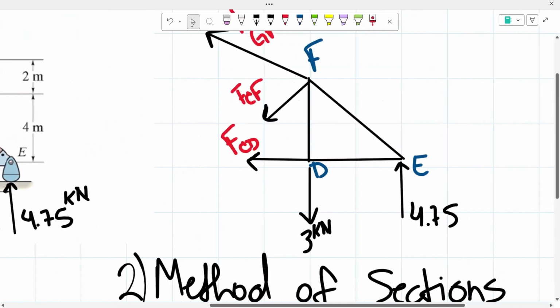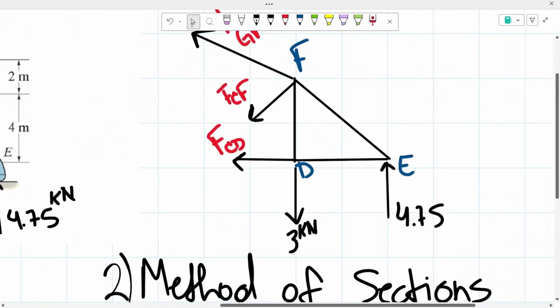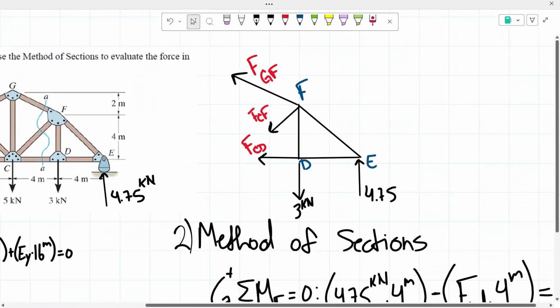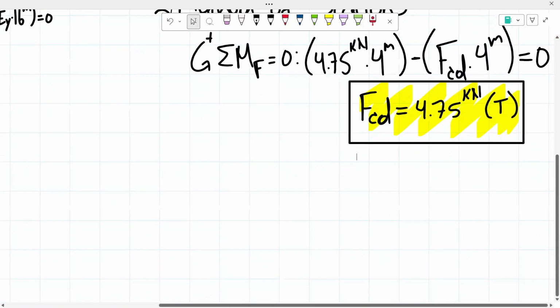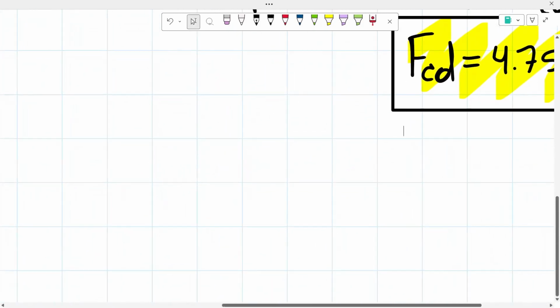If we take the sum of the moments about point C, we'd be able to determine the force of bar GF. So that's what we're going to do right now.